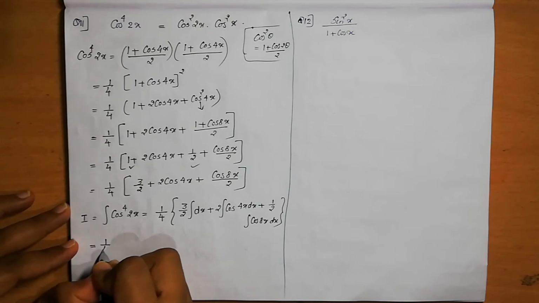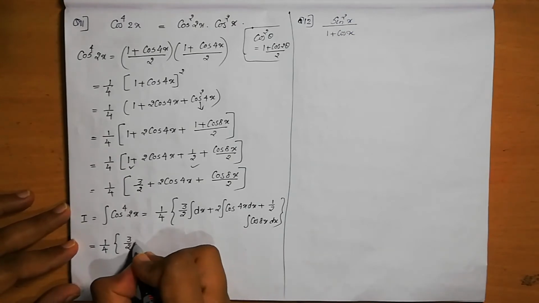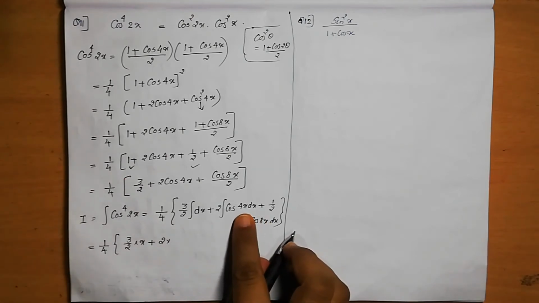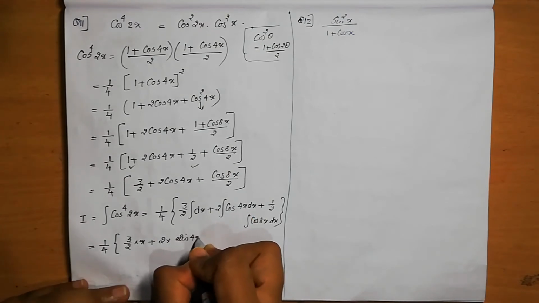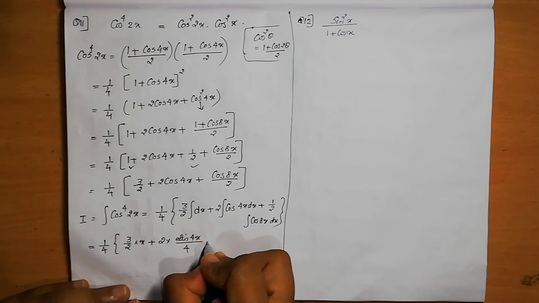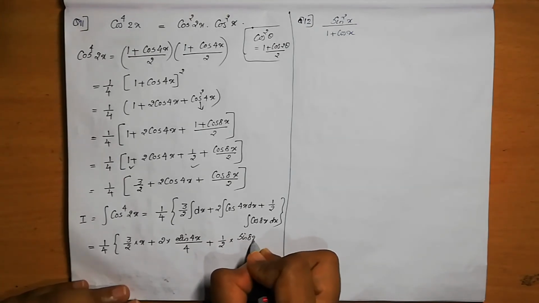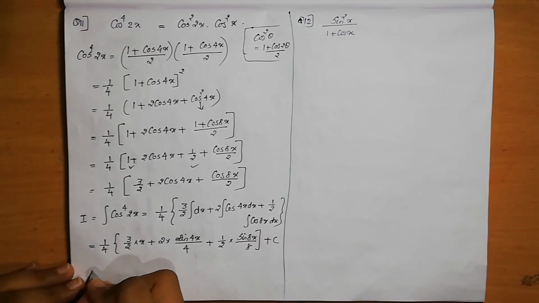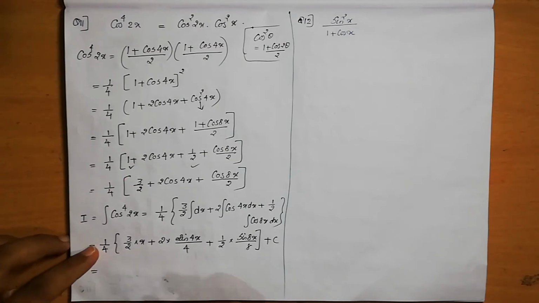That means 1 by 4 in bracket 3 by 2, integral dx is x, plus 2 into integral cos 4x. Cos 4x is sine only. That means sine 4x by 4, plus 1 by 2 into sine 8x by 8, plus c. Now we can open the bracket with this 1 by 4. So 1 by 4 into 3 by 2 is 3 by 8.